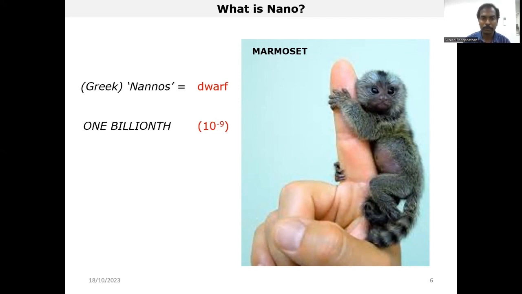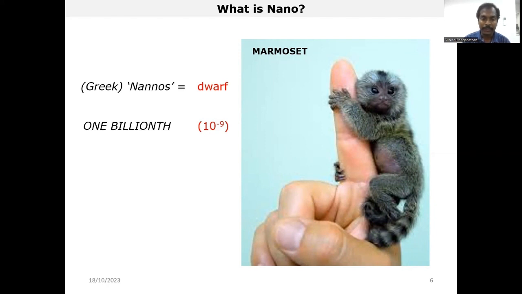And compared to 100 meter, 1 millimeter is small. Compared to 1 millimeter, 1 micrometer is small. So in material science, nano is defined as 1 billionth, or 10 to the power of minus 9 meter. This is the definition for nano.